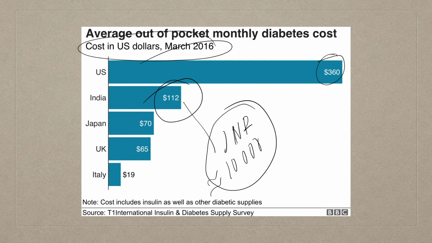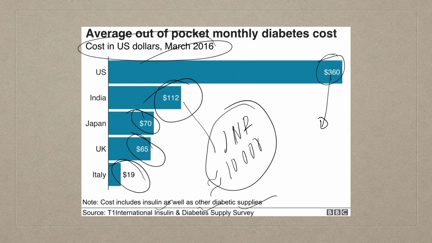And this price goes down in Japan, it's 80 USD, UK it is 65, Italy it is 19. Cost includes insulin as well as other diabetic supplies. The International Insulin and Diabetic Supply Survey by BBC indicates that. So think of the amount of expenses, and even in the US 360 US dollars per month is significantly high.